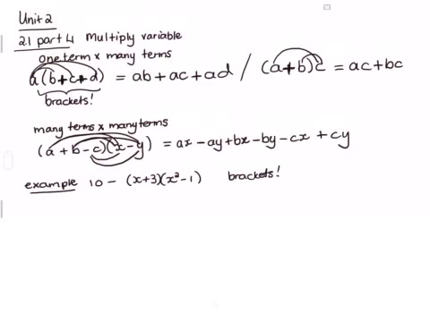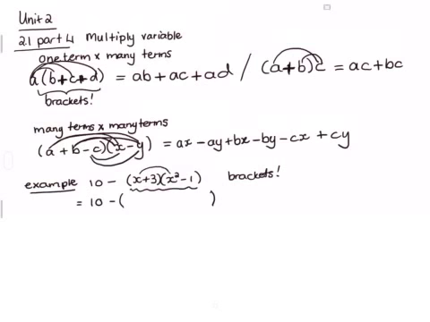I cannot subtract anything from the 10 yet. So if I do this, I've got to keep writing the 10 minus. I can't drop all my brackets because everything that I'm getting from this must be multiplied by the negative. So I'm going to keep my outer brackets.